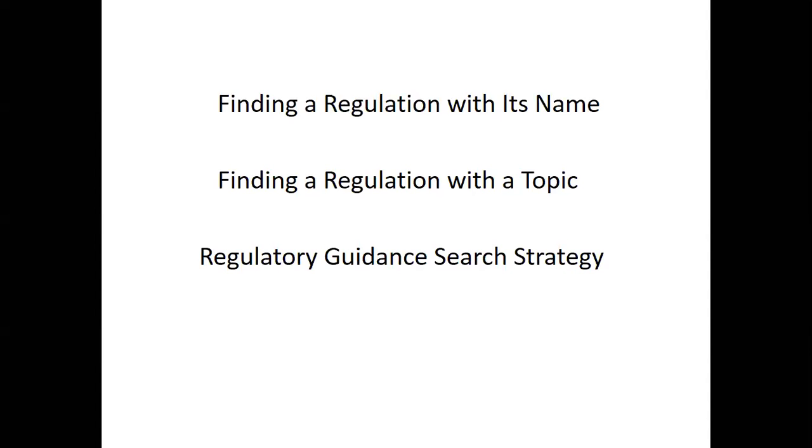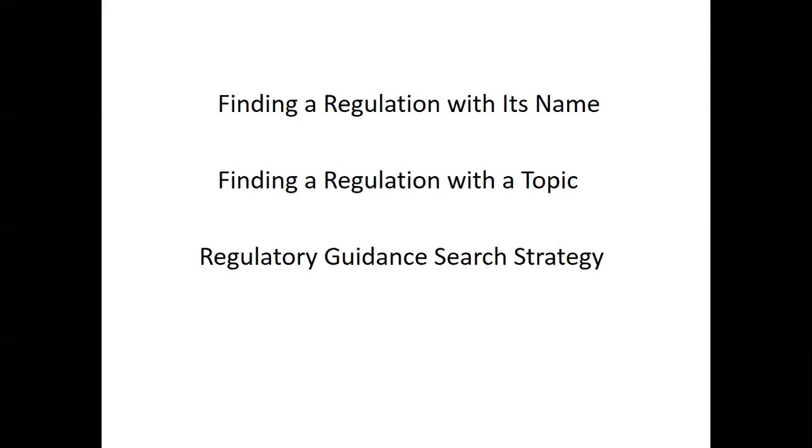So you have all of these extra ways to search: by the citation, by the agency that has passed the regulation, by the name that the regulation goes by, and by the topic that the regulation is covering. And again, they're all going to be found in the Code of Federal Regulations.